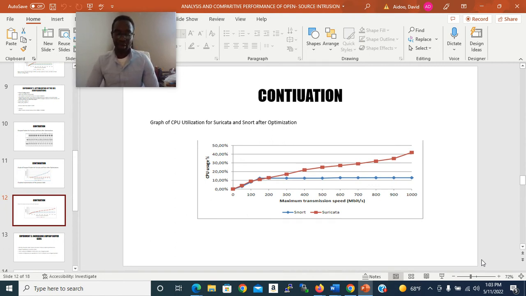I applied CPU affinity to limit Suricata to using only 4 processors. Otherwise, the value could have been higher. The reason I limited Suricata to only 4 processors was that I was trying to shy away from hyper-threading. I felt that if I limit the processors to just 4, it would prevent that.